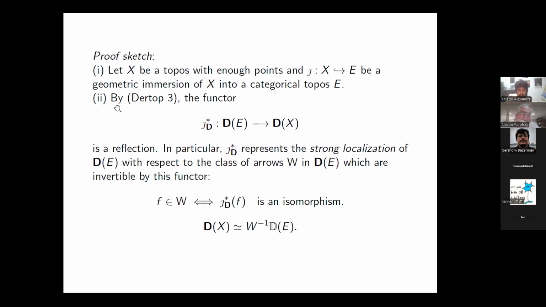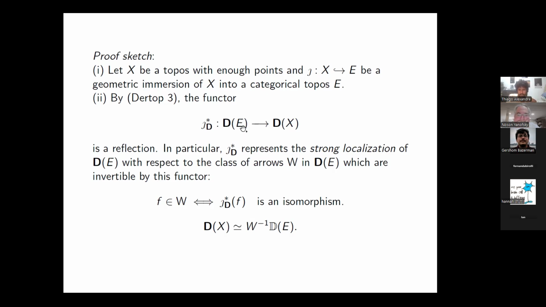So by Top3, the derived inverse image of this geometric immersion G is a reflection, right? Because it admits a fully faithful right adjoint, so it's a left reflective localization. In particular, we can see that this functor represents the strong localization of D of E, the derived category of E.